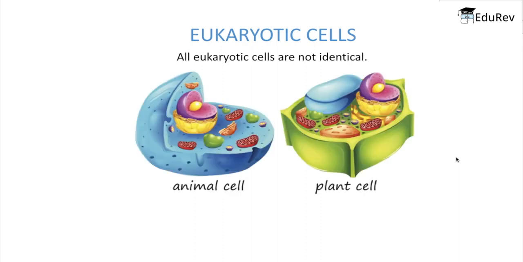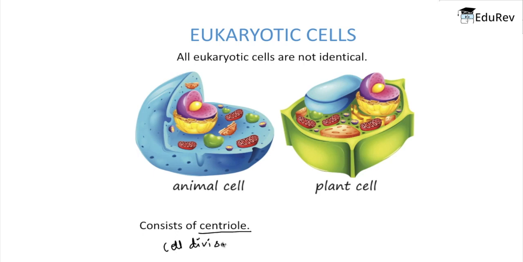Talking about eukaryotic cells, we have seen that all eukaryotic cells are not identical. In animal cells and plant cells, for example, the set of organelles are quite different from each other. Animal cells have centrioles, other than other membrane-bound organelles, which help in cell division inside the animal cell.